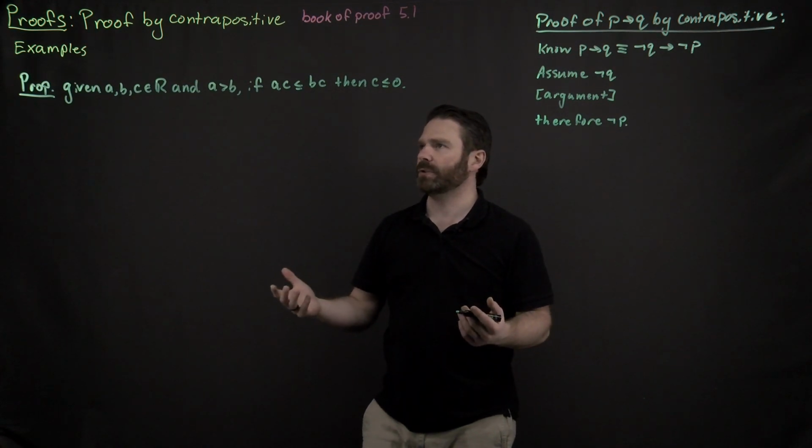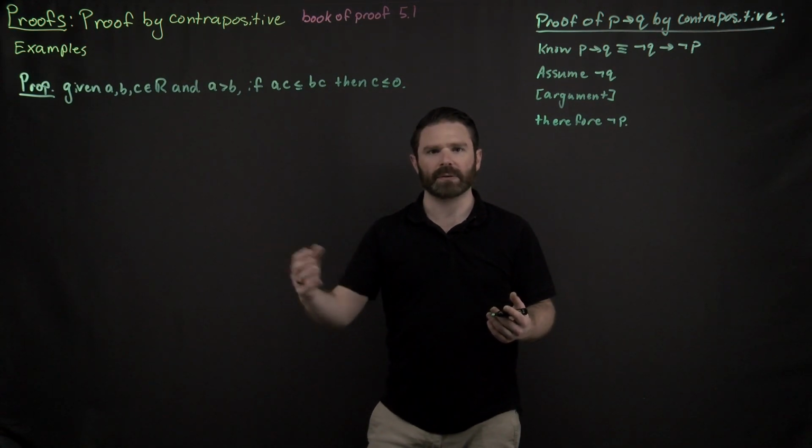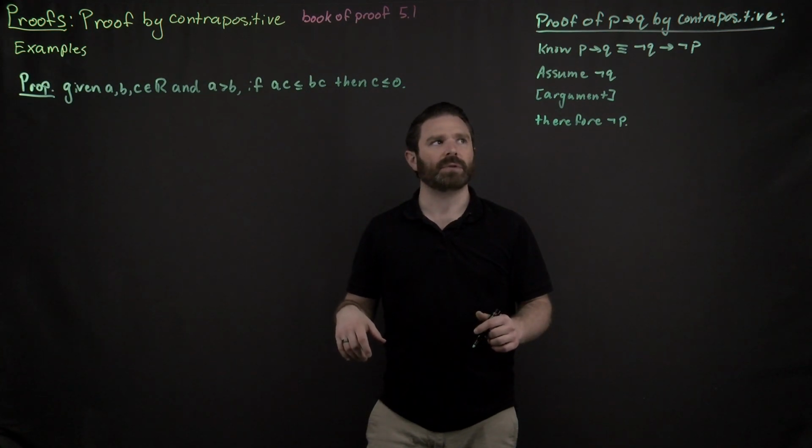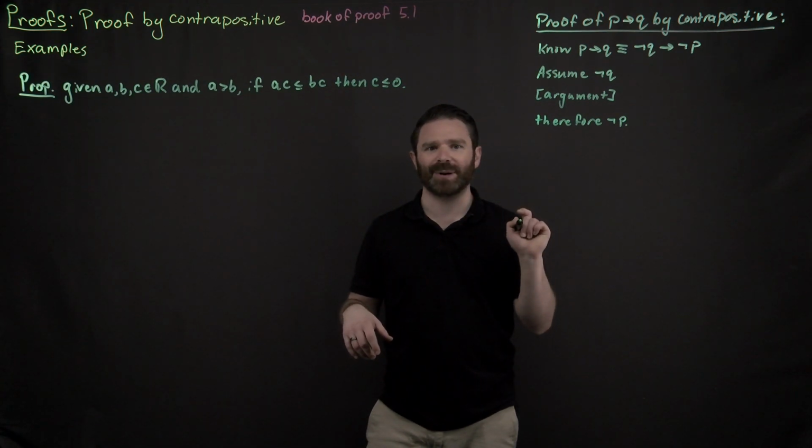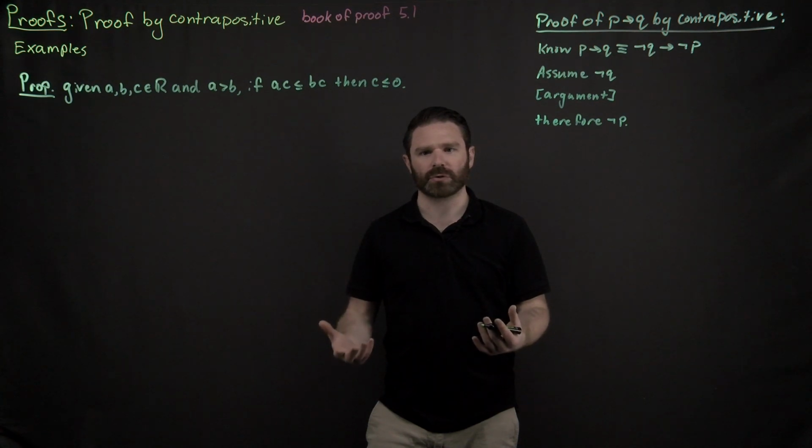And we've already seen how to do this using a direct proof, and it was a little bit tedious. So let's see if we can do this using a proof by contrapositive and show how it's a little bit more straightforward.